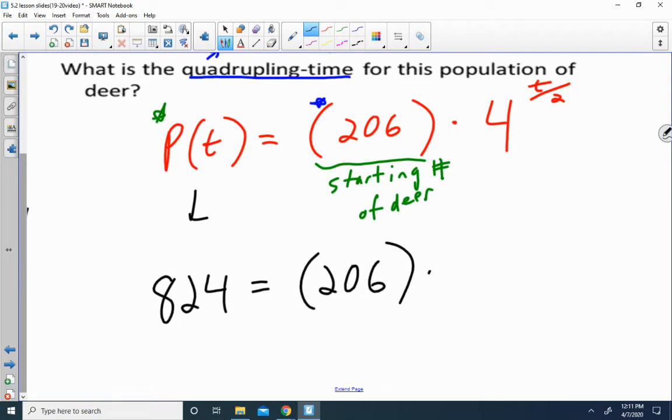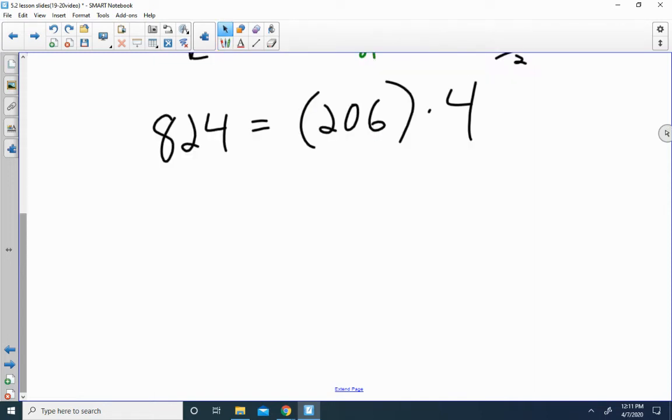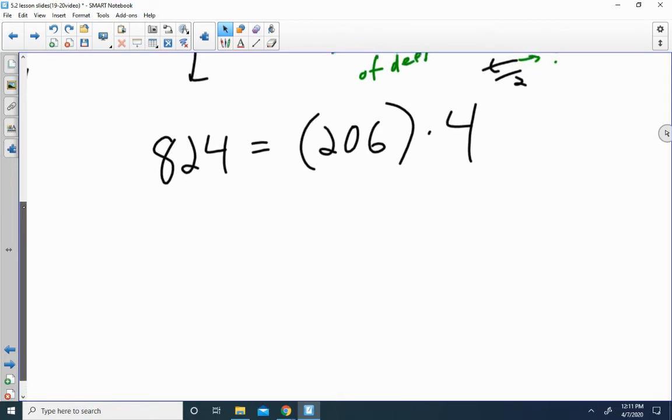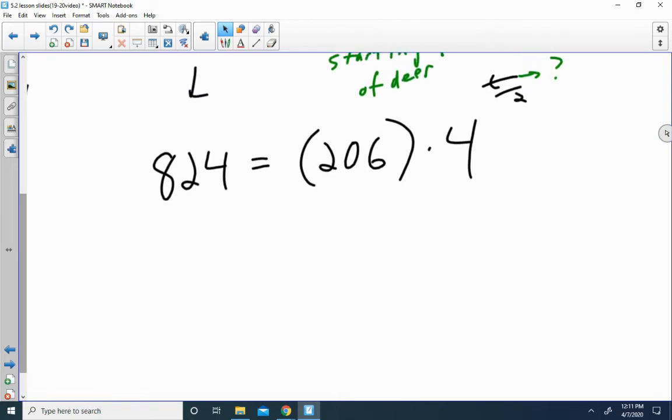Equal that to 206 times 4 to the power of t over 2. We just need to figure out how long it's going to take. How long is it going to take for the deer to repopulate to 824? So there you go. You got your equation. Now you can just plug and chug. So here, let's go ahead and do the easy stuff first. The 206 is being multiplied, so we can divide it to both sides.